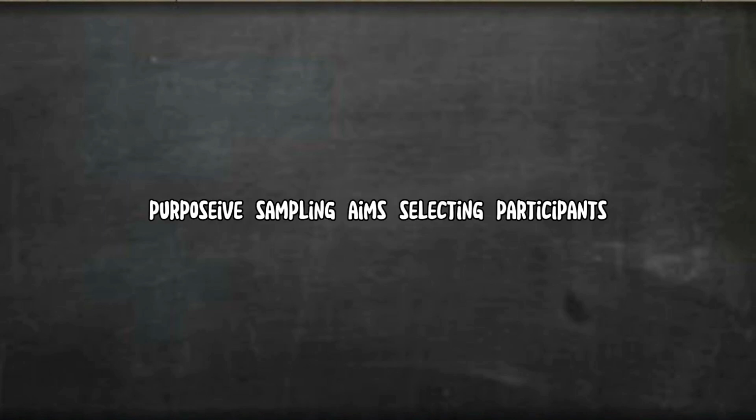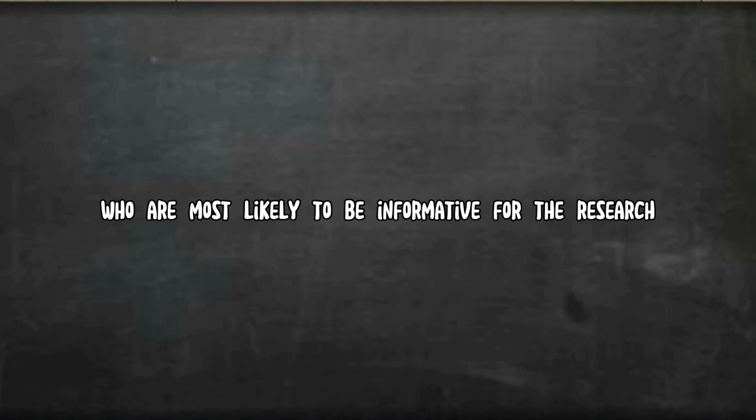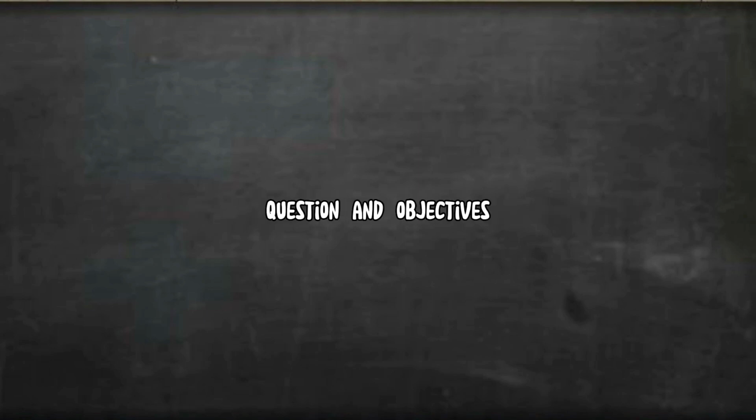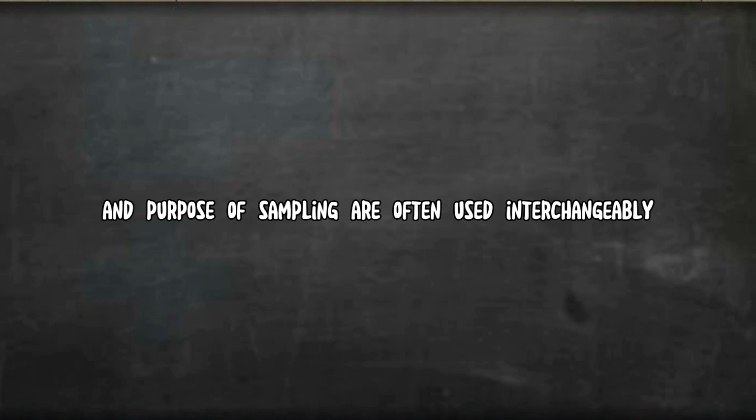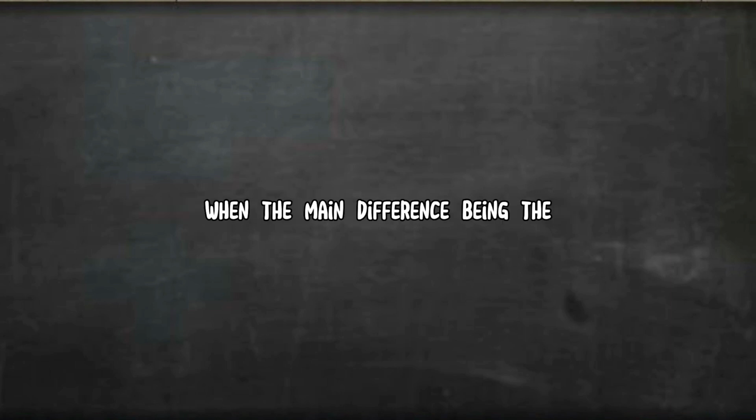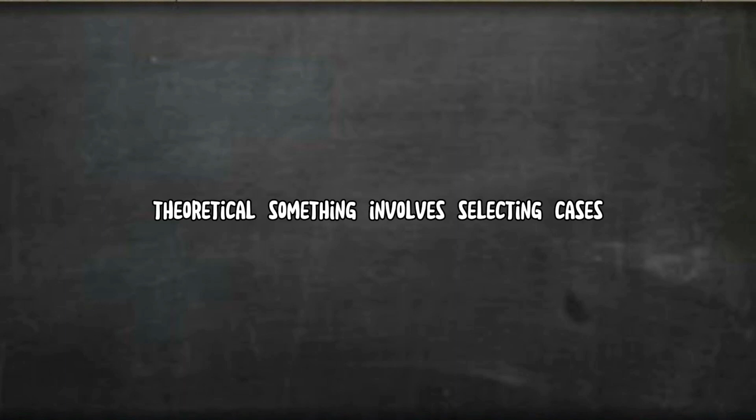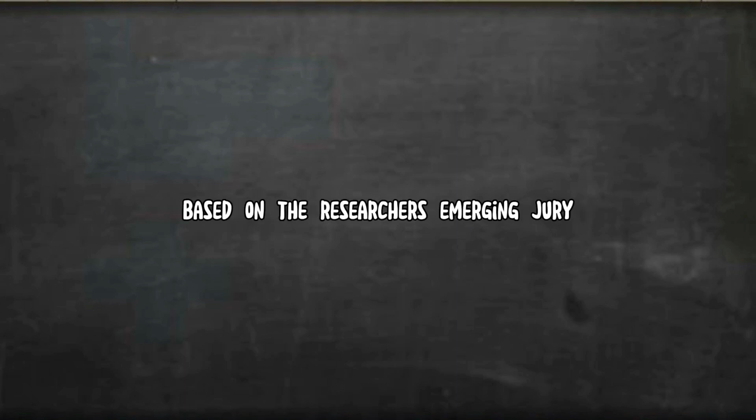Purposive sampling aims at selecting participants who are most likely to be informative for the research question and objectives. Theoretical and purposive sampling are often used interchangeably, the main difference being that theoretical sampling involves selecting cases based on the researcher's emerging theory.